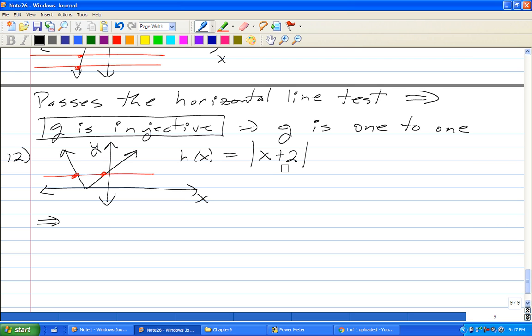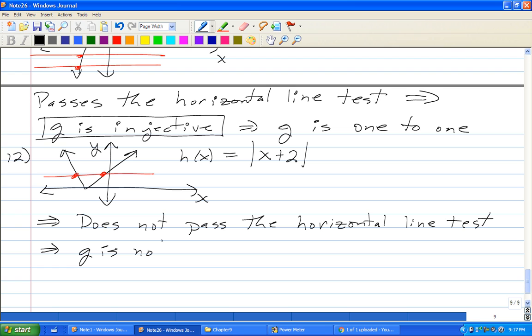And, well, that's the function. So this does not pass the horizontal line test. Since this does not pass the horizontal line test, this function is not injective. And so this function is not one-to-one.